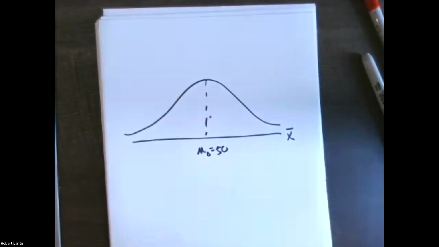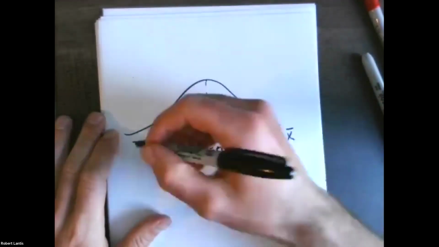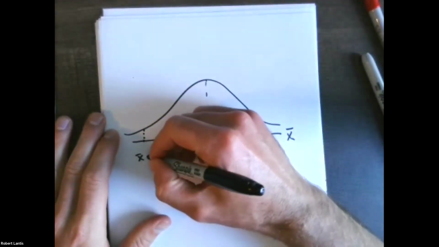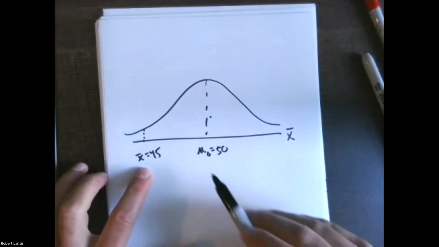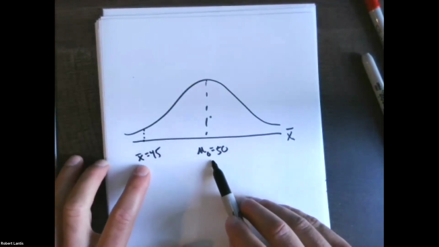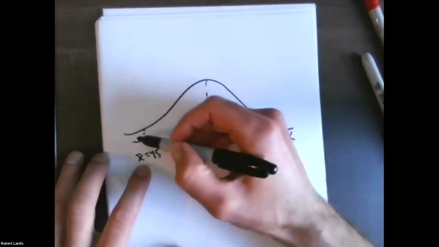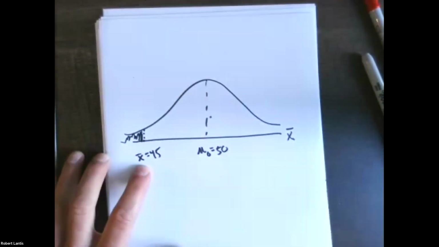Just choose a number. If I found a sample mean that was down here, the probability I found sample evidence that was as inconsistent with the null as what I found, or anything even more inconsistent, would be down here.